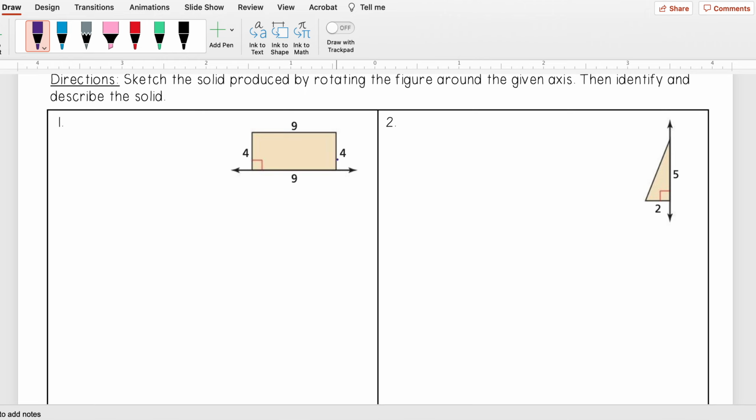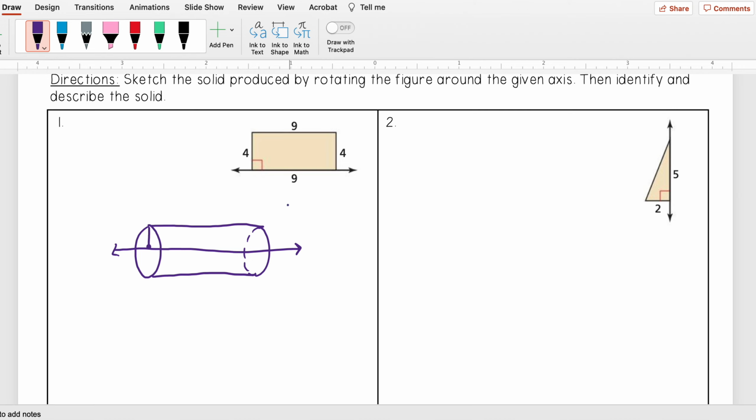So I want to rotate this rectangle around this axis of revolution here, this line. And so if I were to rotate this 360 degrees, I'm actually going to end up with a cylinder. And so now I need to look at what the radius of my cylinder is going to be and what the height is going to be.